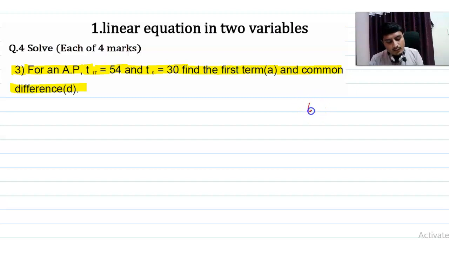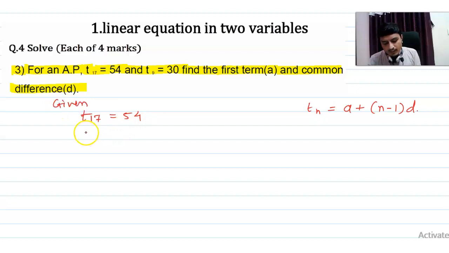As per the AP, to evaluate the nth term of an AP, we have the formula a plus, a means the first term, plus number of terms minus 1 into the common difference d. Now we have given here the T17 value, that is 54. I am writing the given data at the start. Then the T9 value we have is 30.